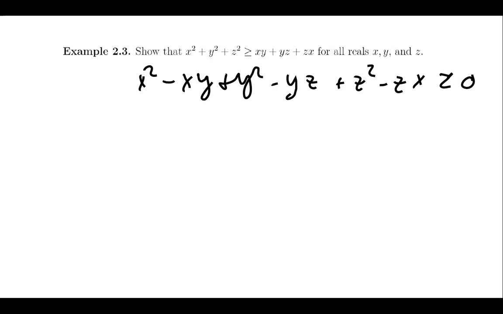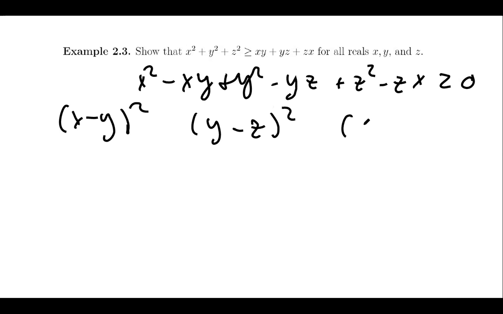So if you take a look at this, it probably seems really familiar to (x minus y) squared, (y minus z) squared, and (z minus x) squared. These different expressions here probably seem very similar.